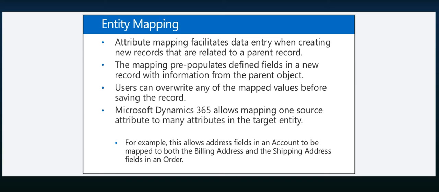So you can use that to basically have a backup or something to see what the account was when the specific record was created, depending on your specific needs. So you could have an address field in an account mapped to both the billing address and the shipping address, for example, on an order when you create that, and then you can change one of them as needed, just in case you don't have both of them populated.